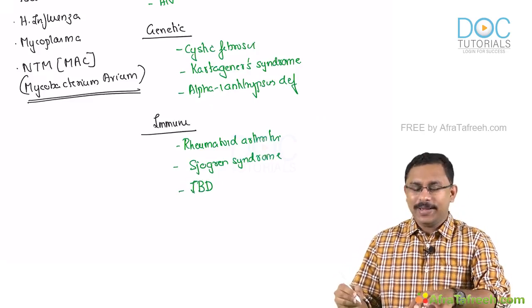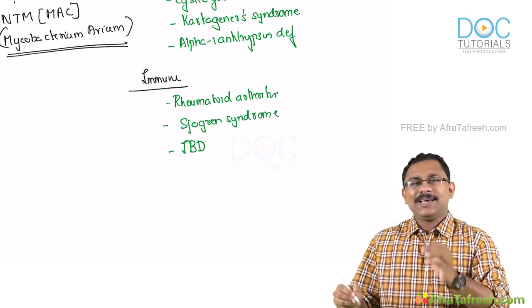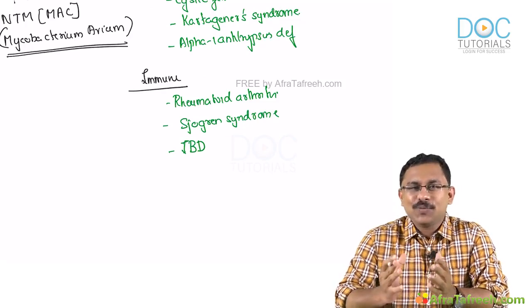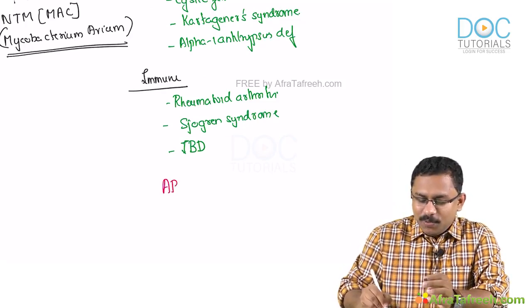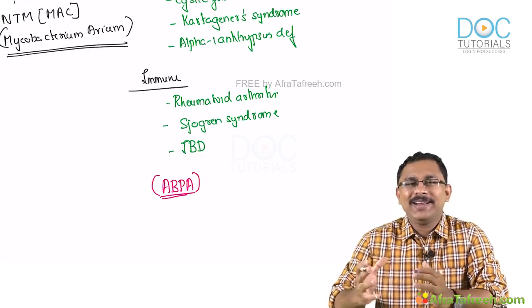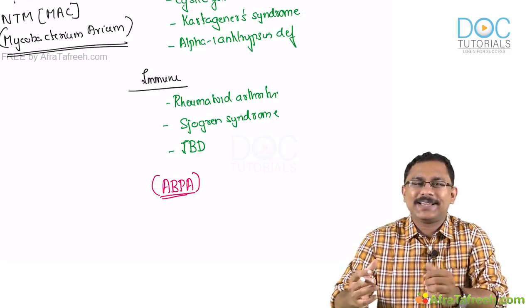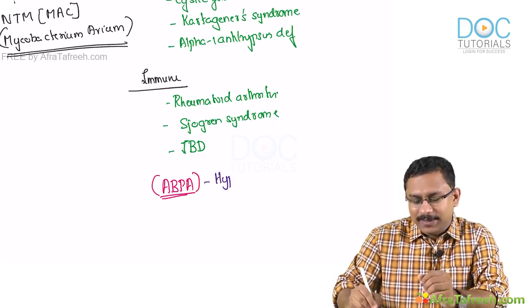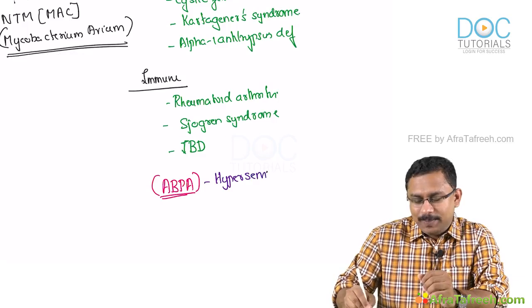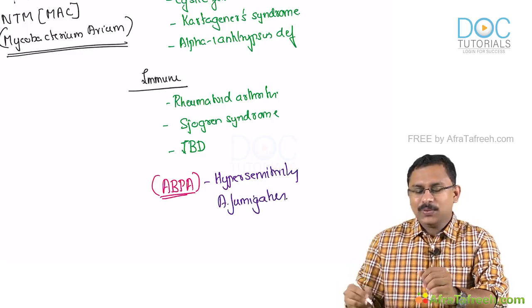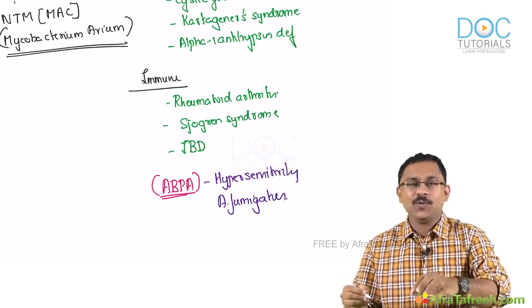Also understand that immune mediated bronchiectasis can also be due to allergic bronchopulmonary aspergillosis. Why did I put it under the immune mediated category and not under the infectious category? Because this ABPA is nothing but a hypersensitivity reaction to Aspergillus fumigatus. That is why I have put it in the immune mediated category.